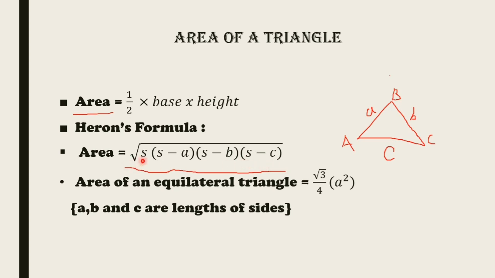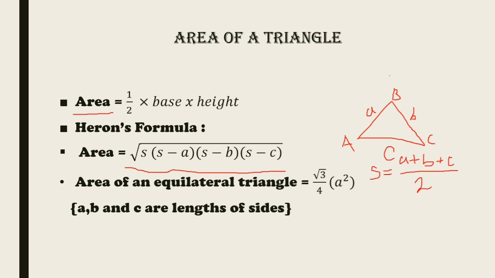Now what does S mean? S is the semi-perimeter, and we get it by S is equal to the sum of the lengths of the three sides, a plus b plus c, upon 2. So children, it's a recall. You have already learnt about this.